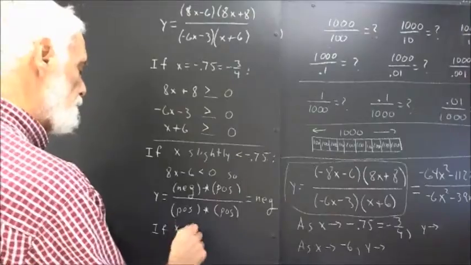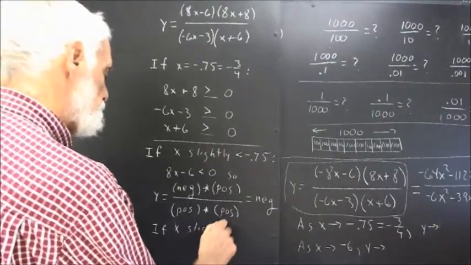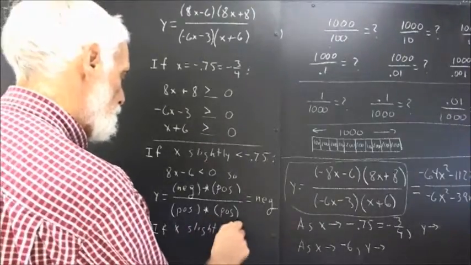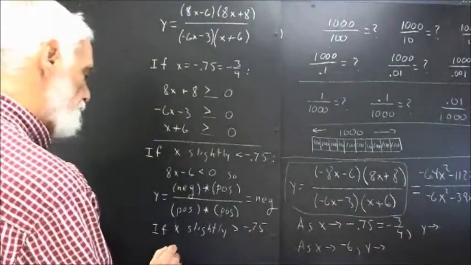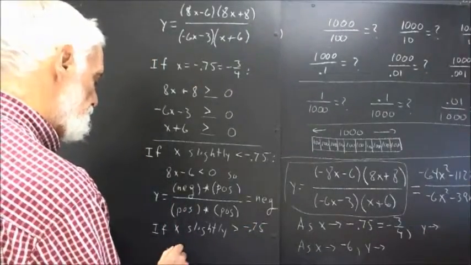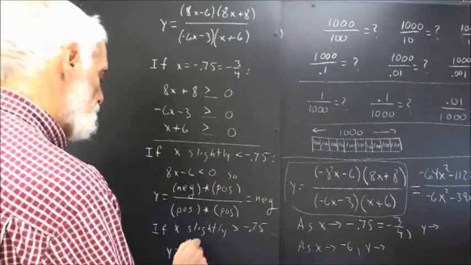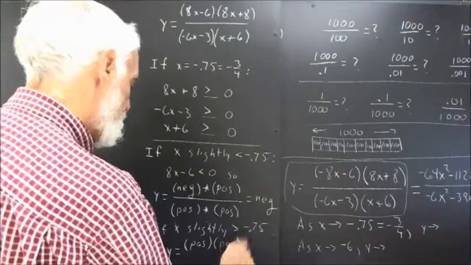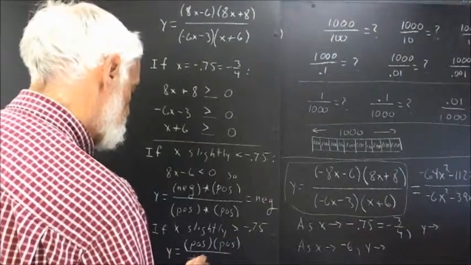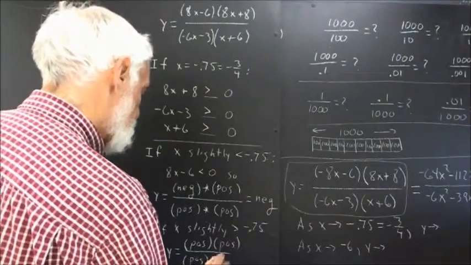And if x is slightly greater than negative 0.75, then y is going to be, I haven't written out all the details, but everything's going to be positive.